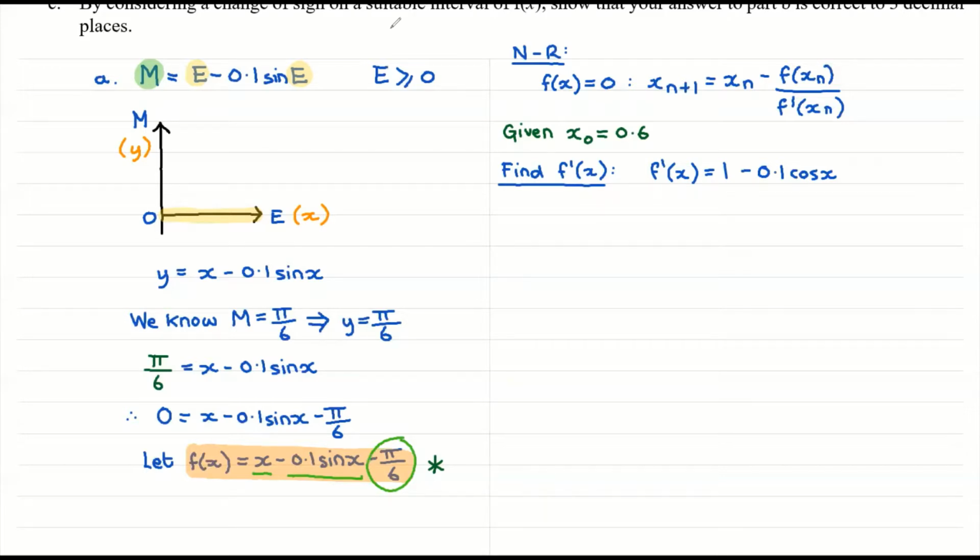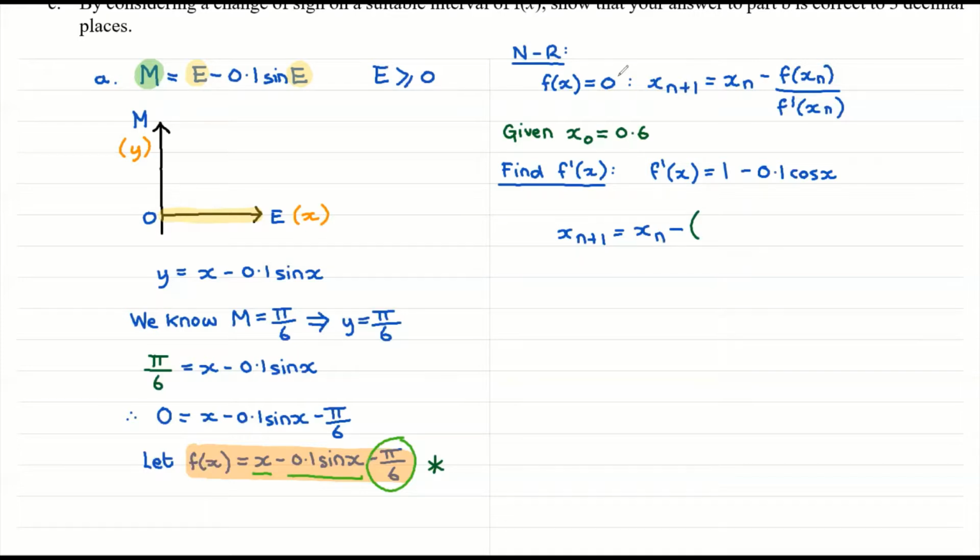Now we can write down our iterative formula. We don't have to write it in a particular way, so we'll just keep it really simple. So we have x n plus 1 is going to equal xn subtract, and I'm going to use brackets here to make sure I don't make any errors with the sign. I put my f x in the numerator.